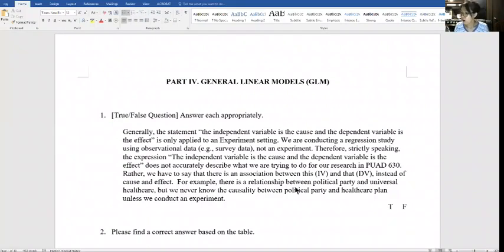But we use observational study data, and this is about association. This is not about causality or causation. This is about correlation. But in the correlation, you do not have which one was first, which one was later. You just have association between two variables.